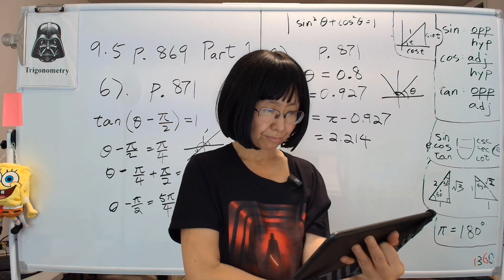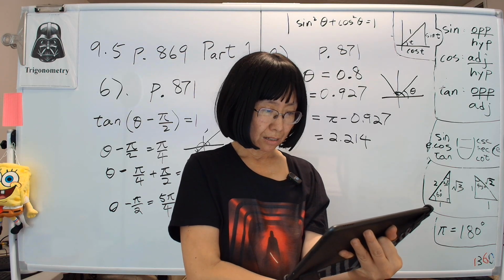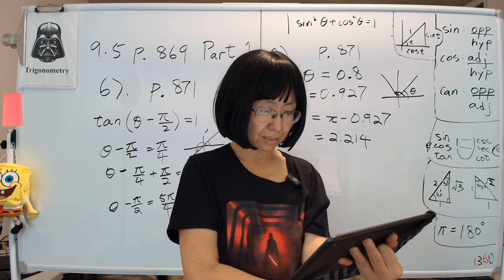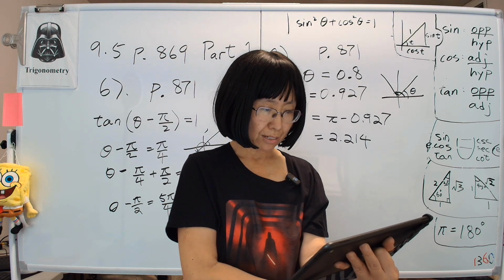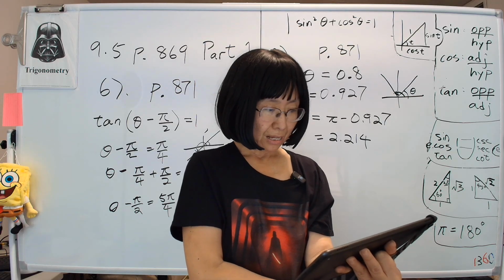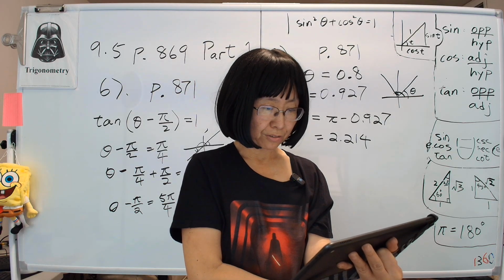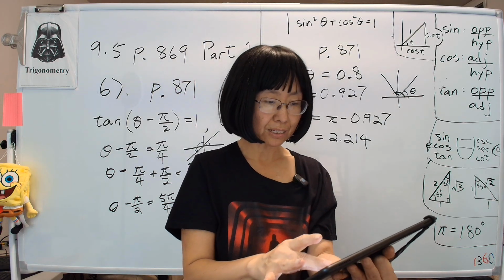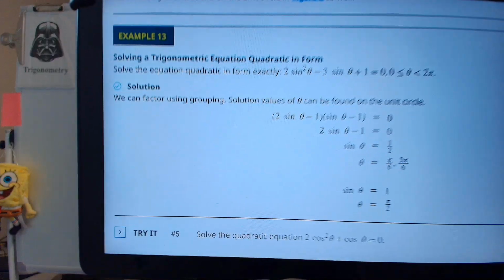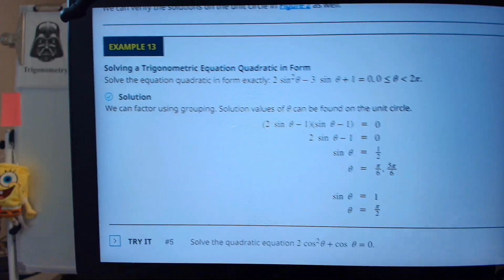What's this? Let's see. Yeah, I think this is the same thing. Quadratic form. I'm not seeing anything unusual here, so please do example 13 yourself. The same kind of story. You have some kind of quadratic form situation.